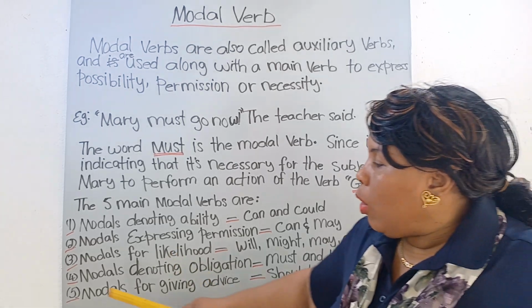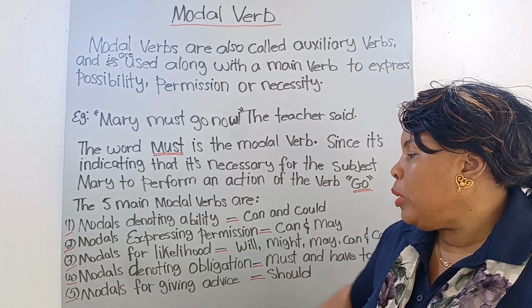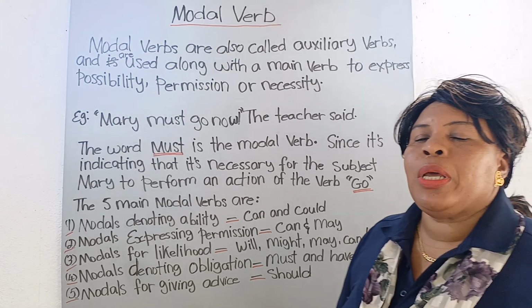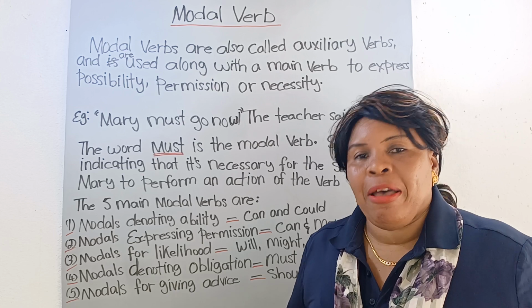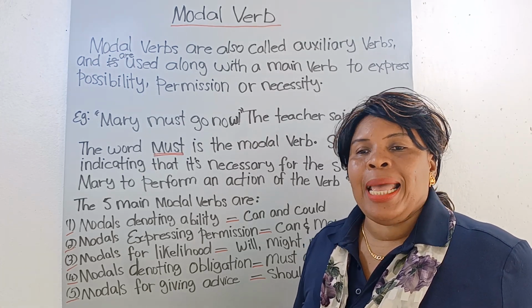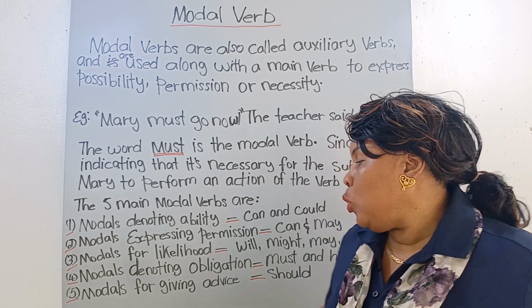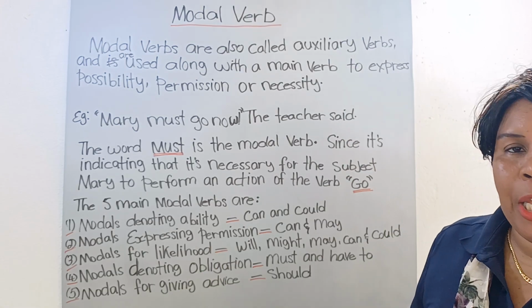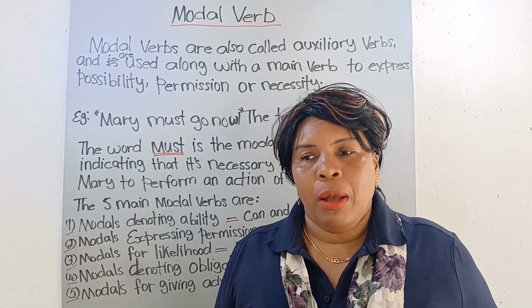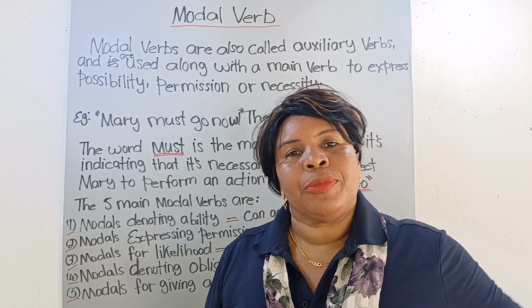All right. Okay, number 4, modals denoting obligation. You use the modal must, and you use the modal have to, when you have to show obligation. So for example, what is an important obligation? You have to pay your child support, right?